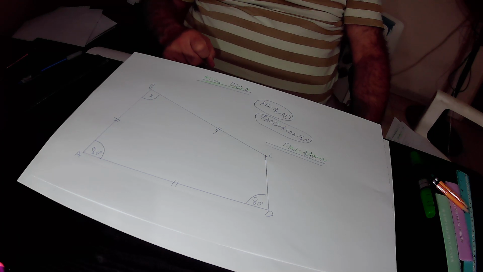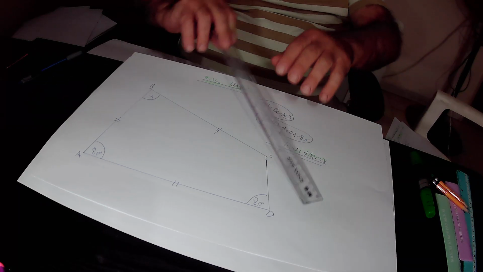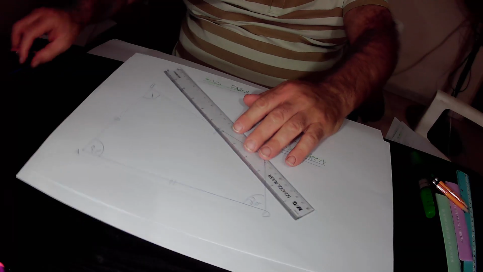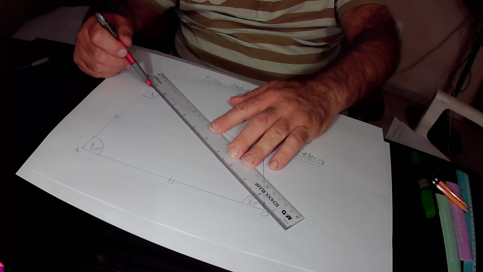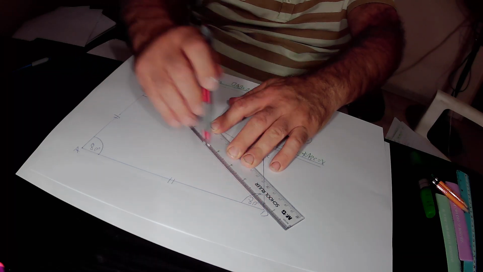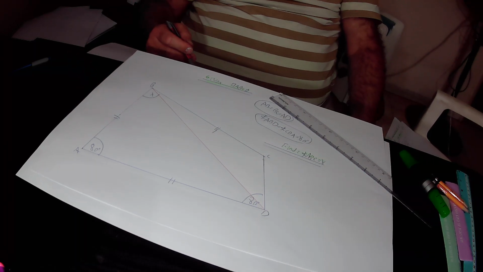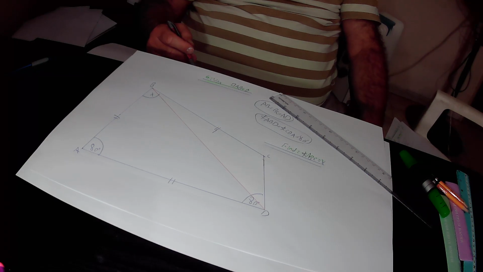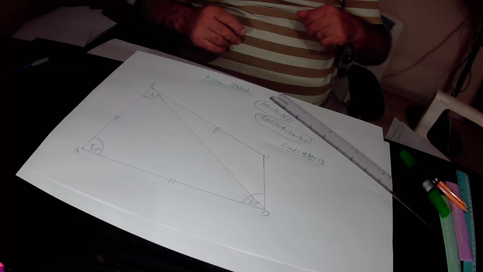So in the first step, we will join points B and D together by a straight line. By joining points B and D, we divided this quadrilateral ABCD into triangles.